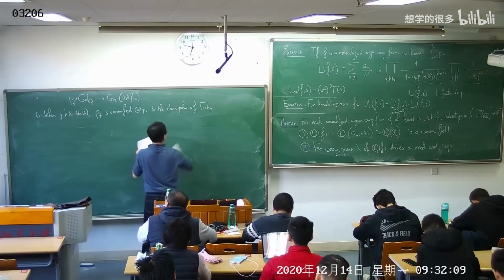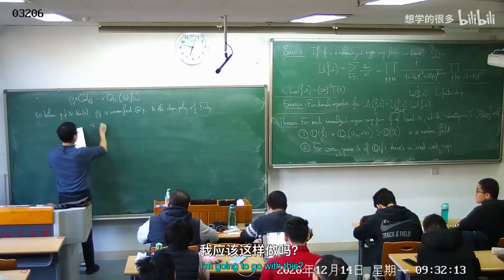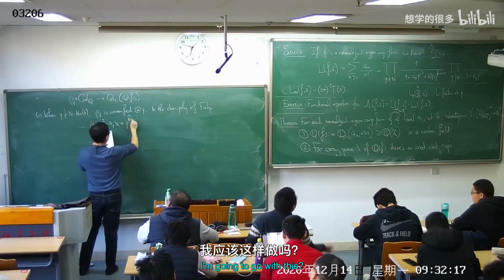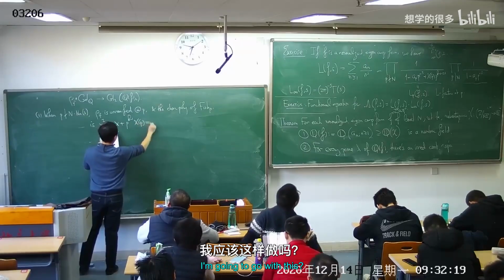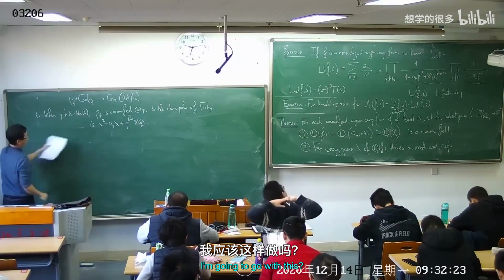Whenever I write this, I always use x squared minus a_p x. That's habit.